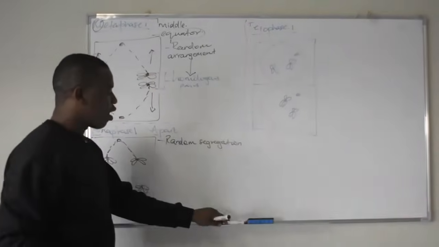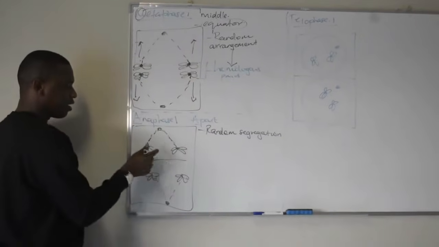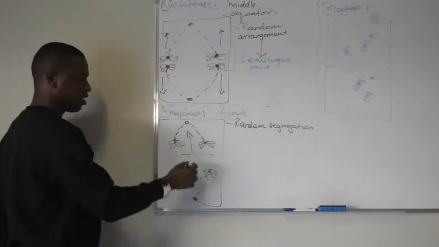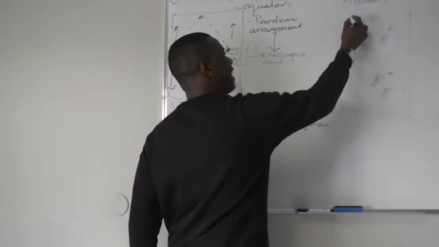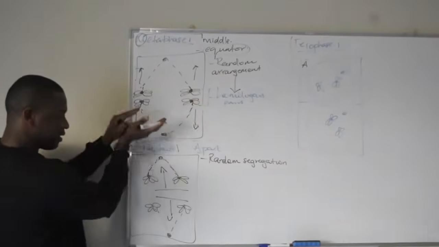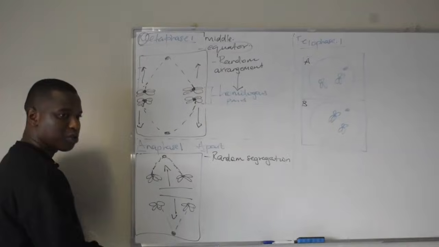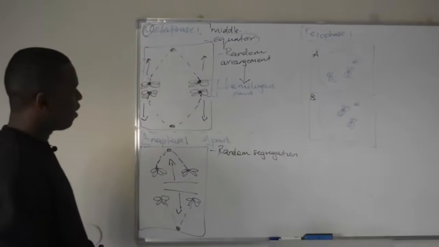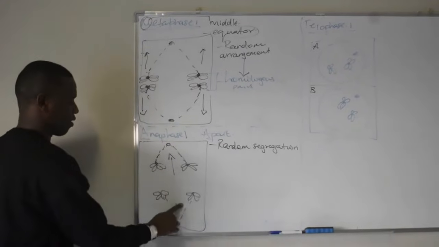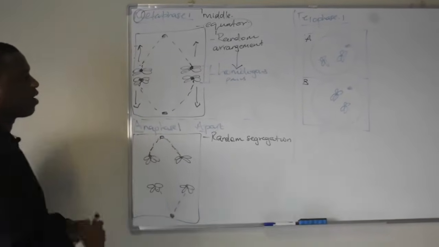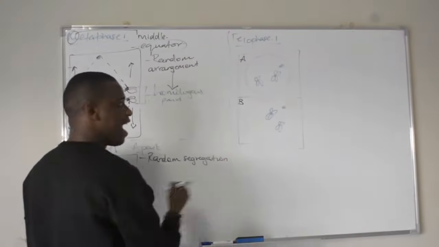Now, how do we get something like this? We said that this one goes in that direction, and this one goes in this direction. Meaning that cell A is the other portion, cell B is the downward portion. Now, the only problem I want you to see there is that the whole cell has divided.